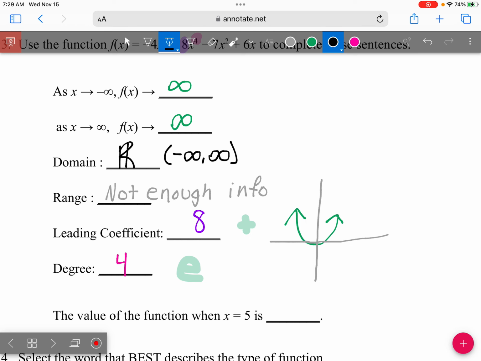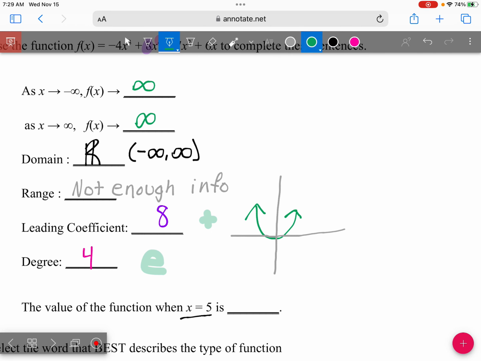Our last piece on this one is evaluating when x is 5. That's when we substitute it into our equation.